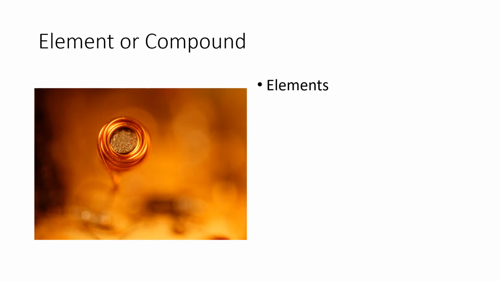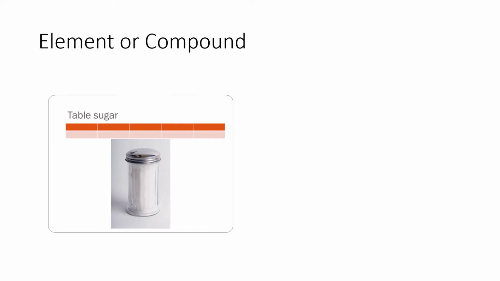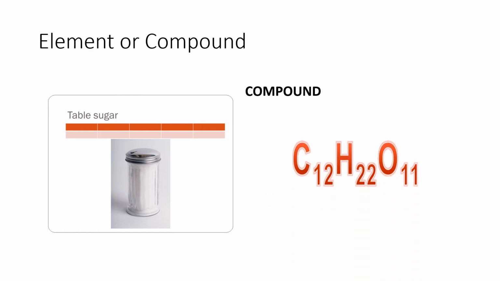So the answer is element, and their symbol is what? Okay, the answer is Cu. Another one, the table sugar. Is it element or compound? Okay, compound.